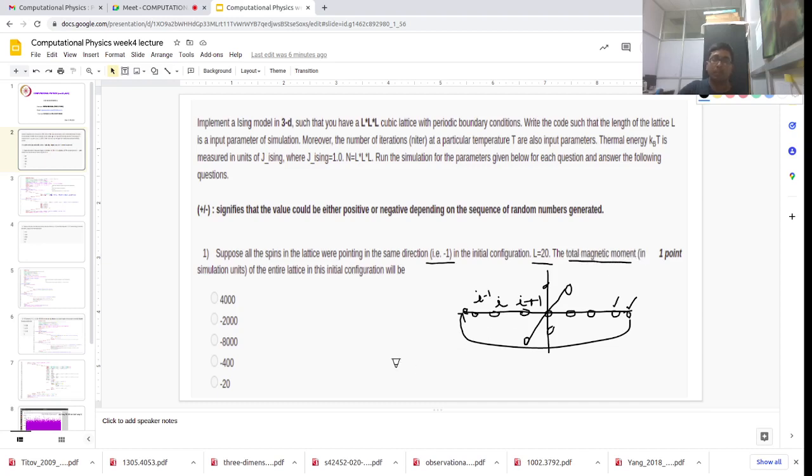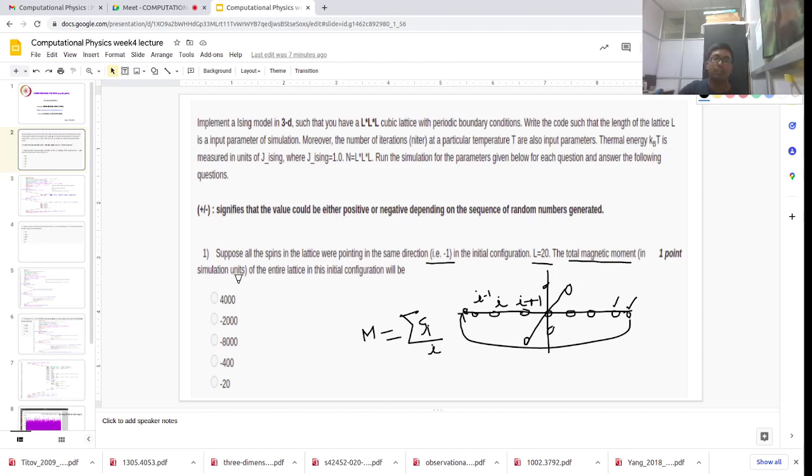Magnetic moment is defined as capital M, which equals the summation over i, where i runs over the number of lattice sites, of the spin at that particular lattice site. So you just sum over all the spin components to get the magnetic moment.